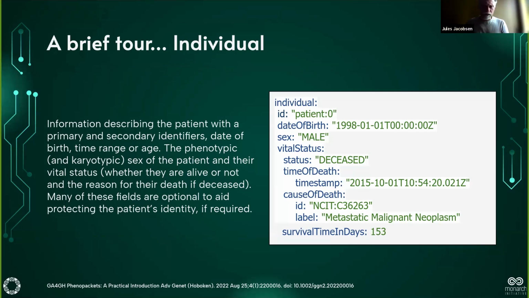That's one of the primary guiding concepts within the Phenopacket: most of these things should be optional if required to protect the identity of the individual, because all of these things are meant to be used outside of the EHR. Within an EHR you expect it to be very identifiable, because that's the whole point of it. You want to be there for treating the individual, but outside of it, the use cases can be fairly different.